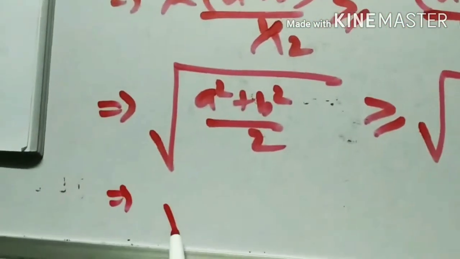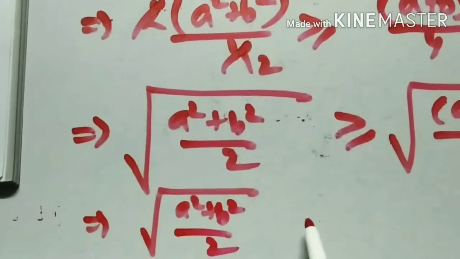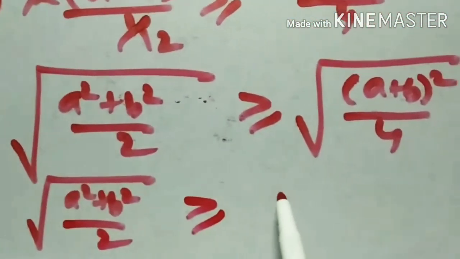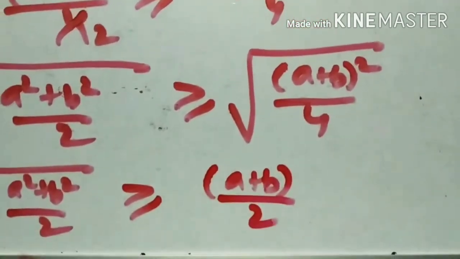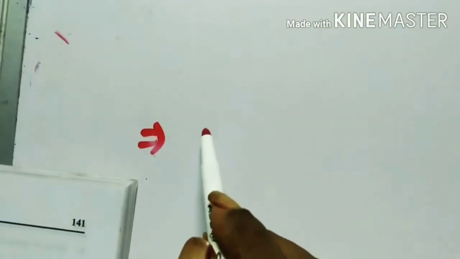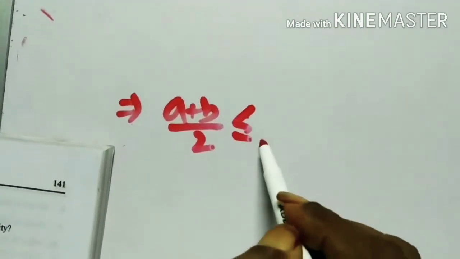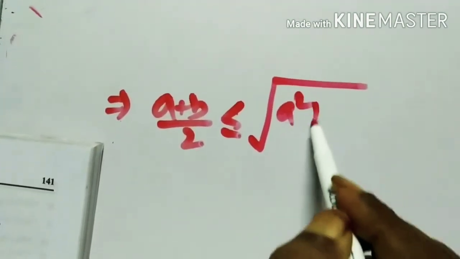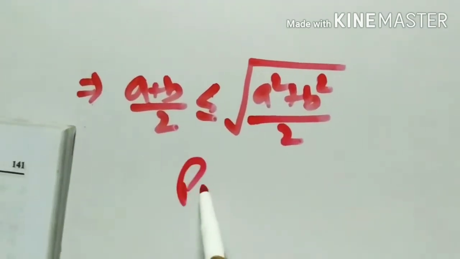This comes out to be root over (a square plus b square) by 2 is greater than or equal to (a plus b) by 2. So this can be written as (a plus b) by 2 is less than or equal to root of (a square plus b square) by 2. This is proved.